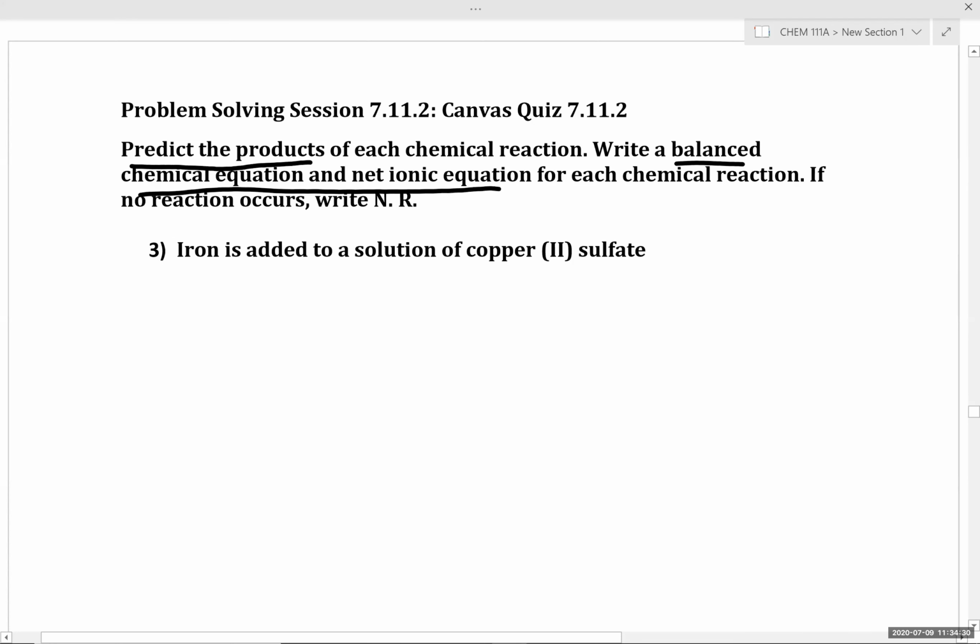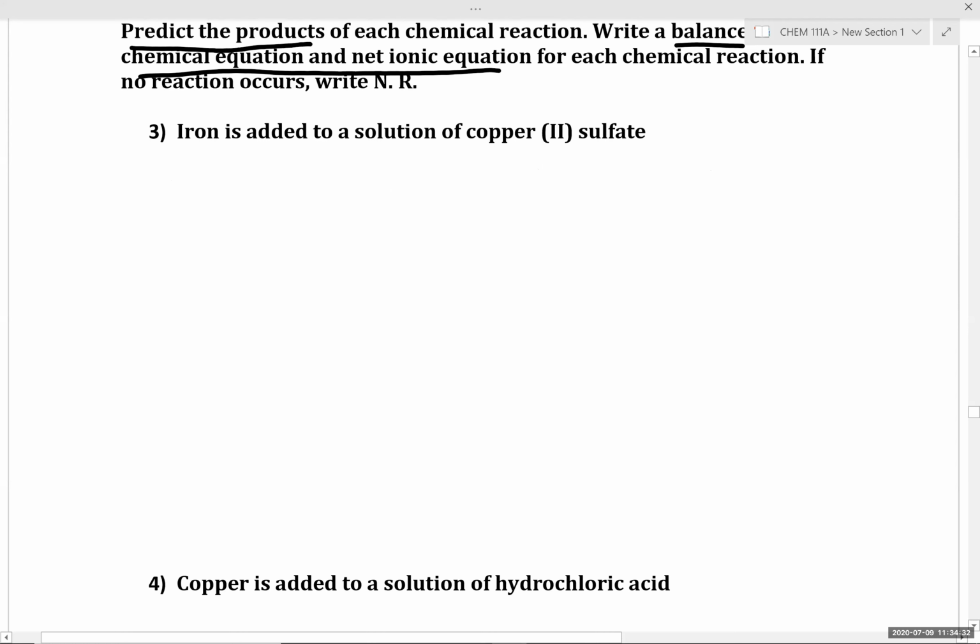Take about 4 to 5 minutes and try to write out a complete chemical equation for each of these two reactions if a reaction occurs. Keyword, if a reaction occurs. So remember to use your activity series, and we'll discuss this example in about 5 minutes.